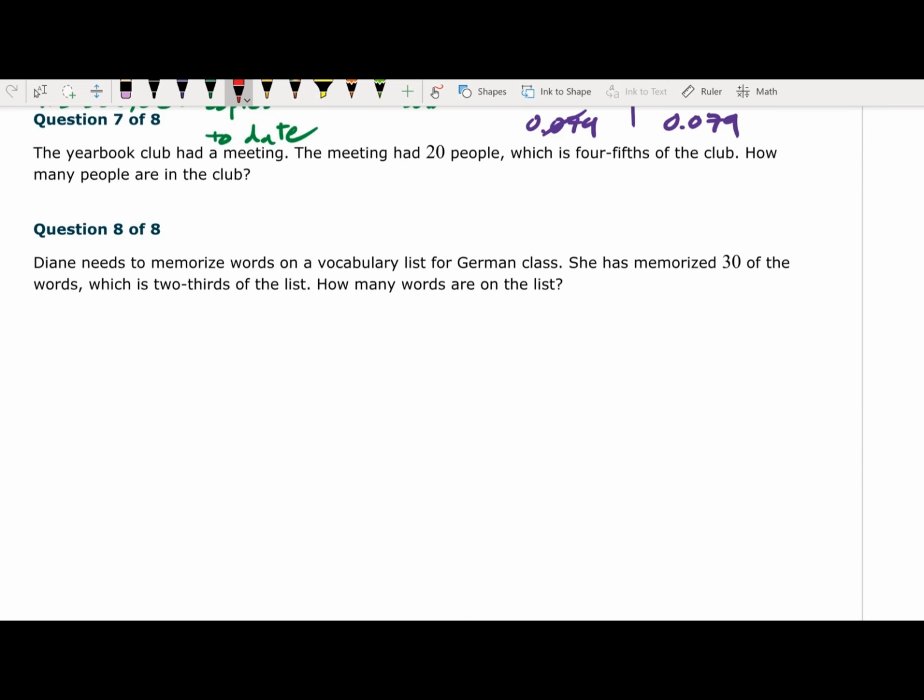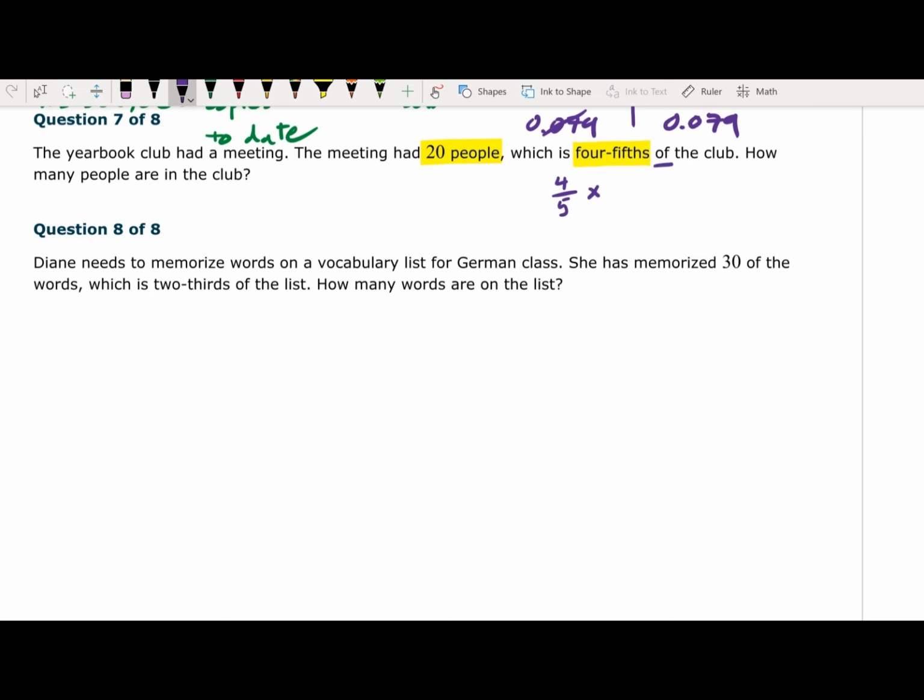Problem 7. The yearbook club has a meeting. The meeting has 20 people, which is 4/5 of the club. How many people are in the club? So the meeting has 20 people, and that represents 4/5 of the club. Alright, so we have 4/5 of x; "of" means multiply.